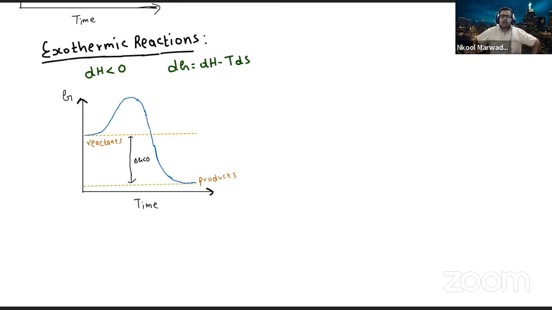And if entropy is decreasing, then this dS will become more and more negative, and this term will become more and more positive, and hence the decrease in Gibbs free energy will not be much significant. This is the mathematical analysis we are doing.